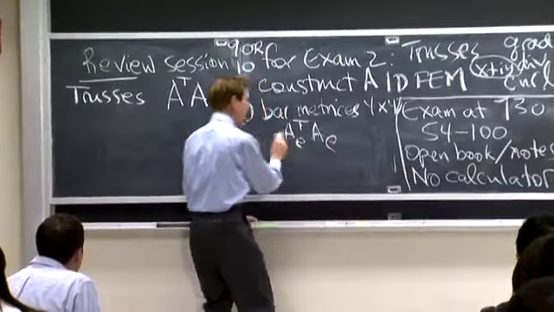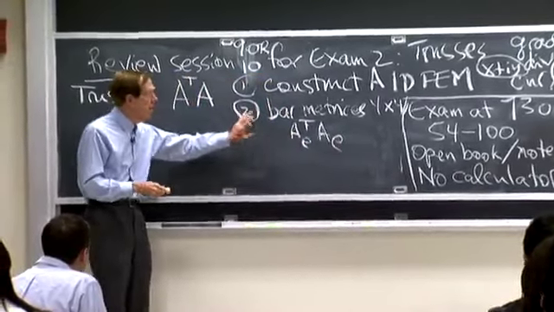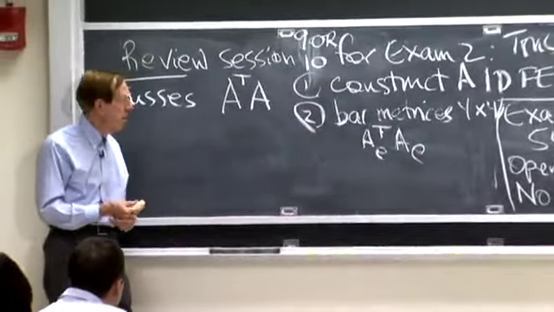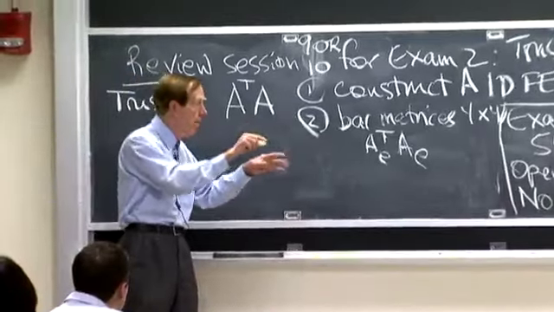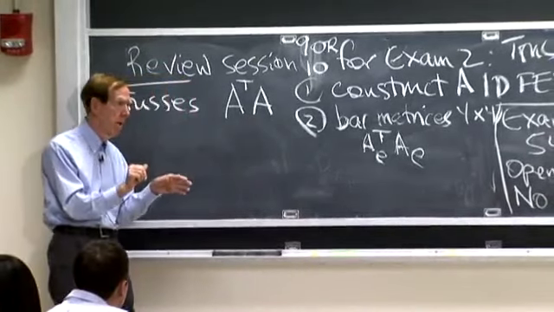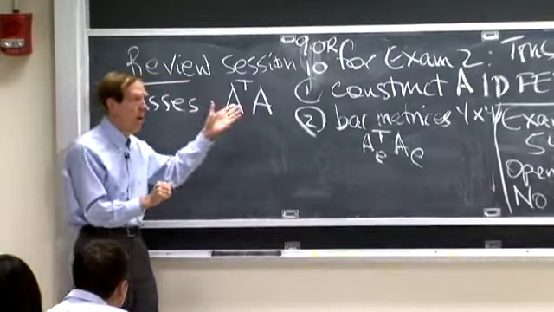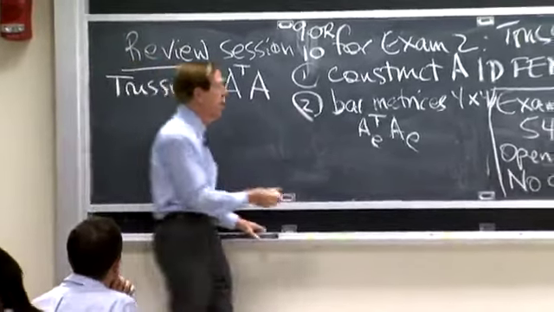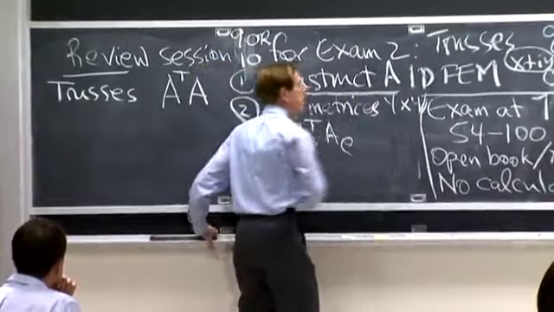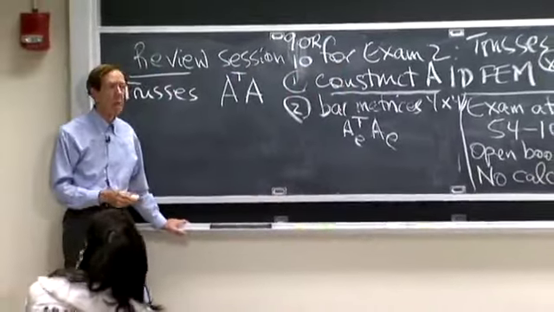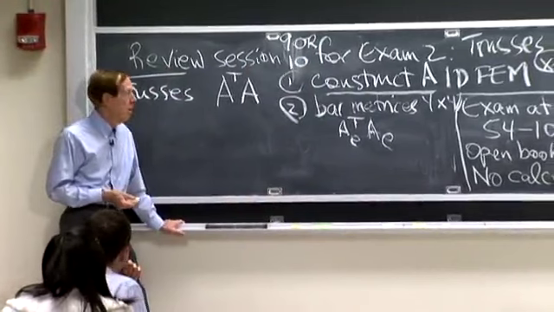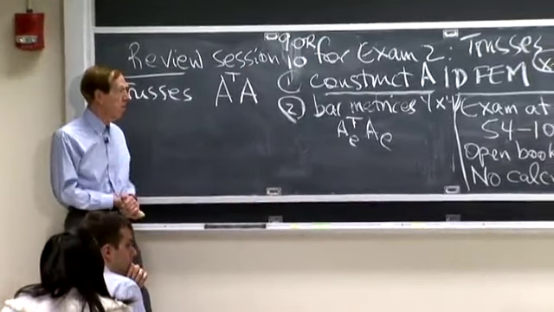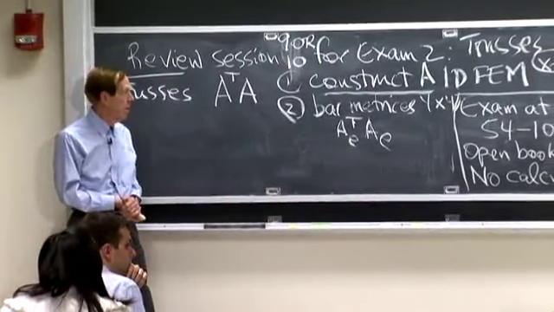And then you pop those into their correct places. I don't think I know any great idea beyond that. So I think you should really be ready to construct a matrix A. Yeah, for a reasonably small truss, of course.